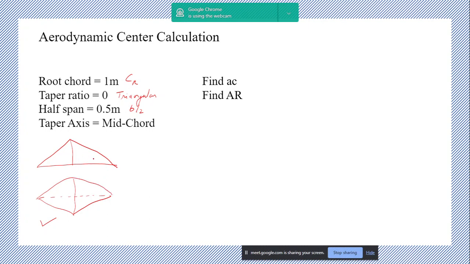Here the tapering is occurring about the trailing edge. It's tapering to the trailing edge. Here it's tapering to the mid chord. That is how it is defined. So it's tapering to the mid chord, hence the taper axis is the mid chord. Here it's tapering to the trailing edge, so the taper axis is the trailing edge.